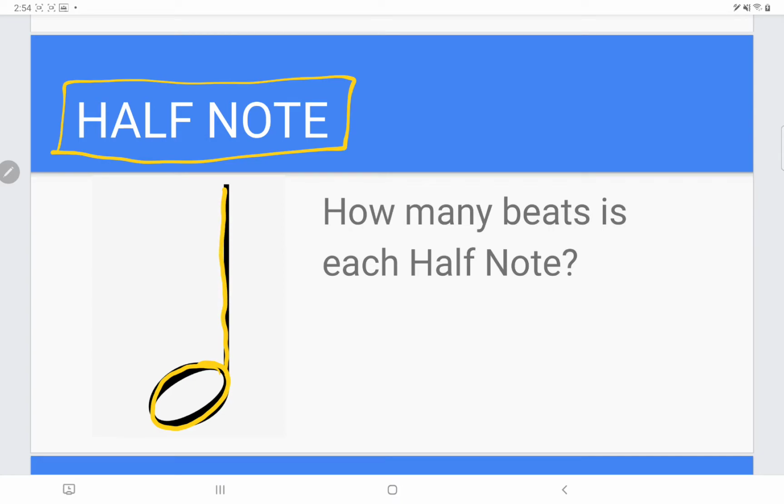Now, it's worth 2 beats. So this note is actually longer. Longer is the best word to describe it. It's longer than my quarter note because my quarter note was only worth 1 beat. But if I have half notes, each one that I see is going to be equal to 2 beats. So let's pretend that I have 2 half notes here.